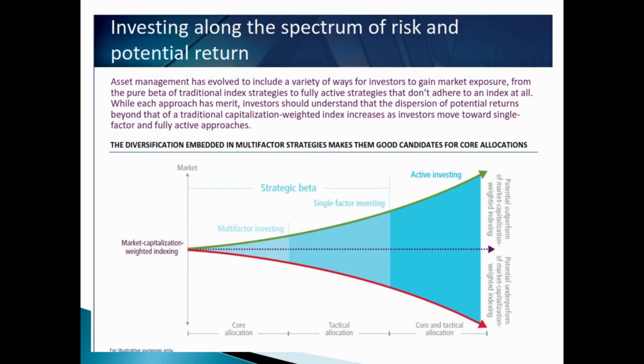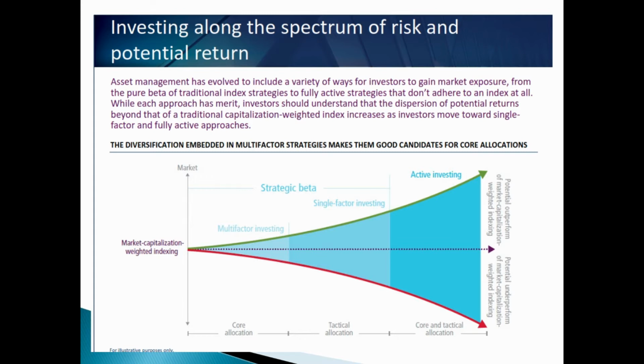In this next slide, on the far left-hand side, you see market capitalization weighted indexing. So this is your traditional fund, let's say, that tracks the S&P 500 index. On the far right-hand side, you see active investing, whether it's done through individual stocks or done through active funds. And you have a dispersion, either on the positive side or the negative side, because it is active.